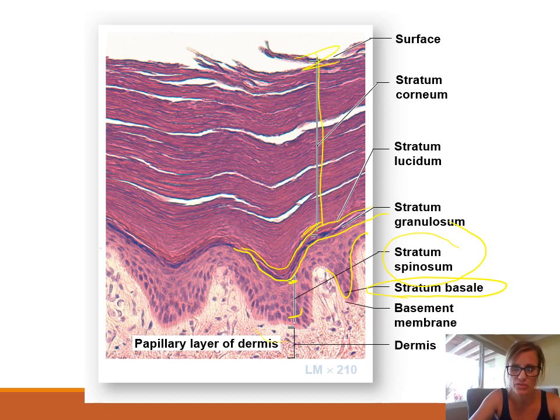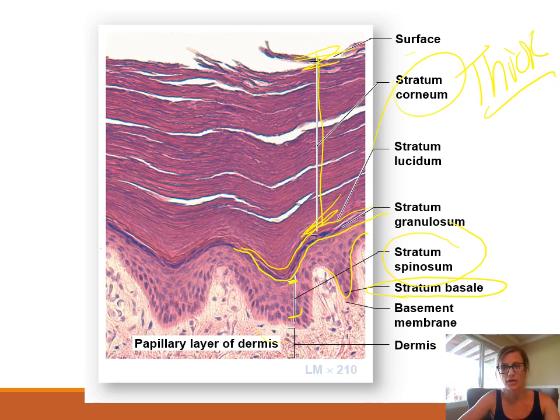You see this real thick area here. So if I asked you guys, what type of skin is this? Is this thick skin or is this thin skin? You should really easily be able to tell me this is thick skin. And there's a few reasons for that. One, the stratum corneum, this outer layer, is super thick. If this was thin skin, it would be like right here, much thinner.